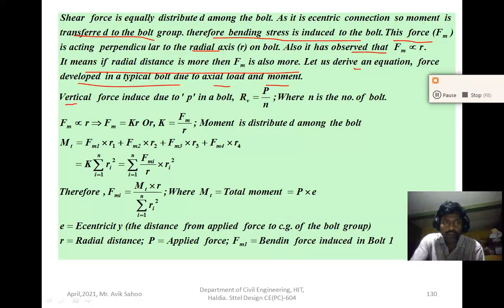As I have said, the vertical force induced due to P in a bolt is how much? That is the applied load divided by N, where N is the number of bolts, because we assume this vertical force is distributed equally among the bolts. So we just divide the load by the number of bolts to get the force developed in a particular bolt.